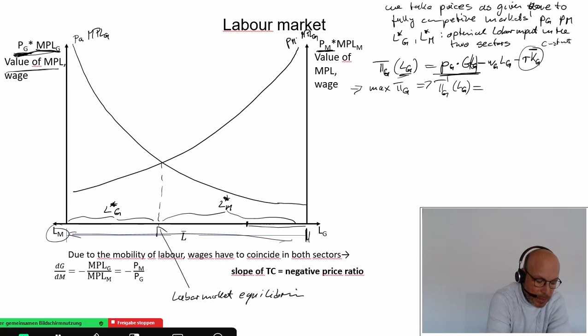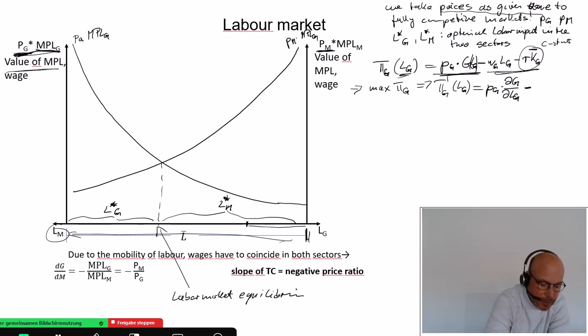We have assumed prices are given, so PG is only a constant for us, times the output with respect to labor input. So we obtain PG times the derivative of output with respect to LG.